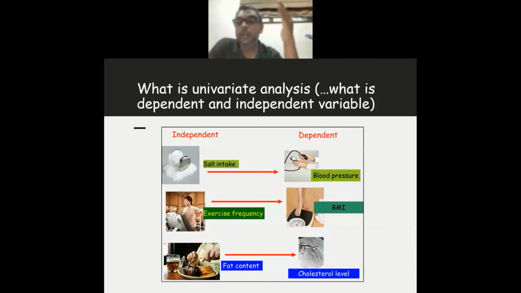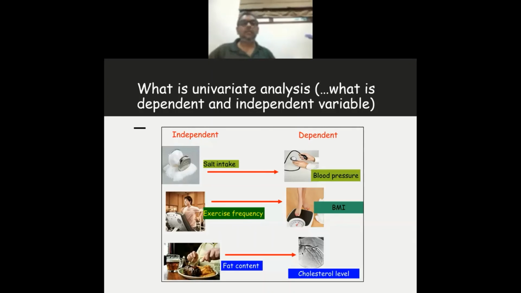Downloaded. Now go back to independent. Salt intake, exercise frequency, fat content. Again, this slide is talking about univariate. So univariate only looks at one dependent, but independent can be many. But in this diagram I made just one. But again, look here.